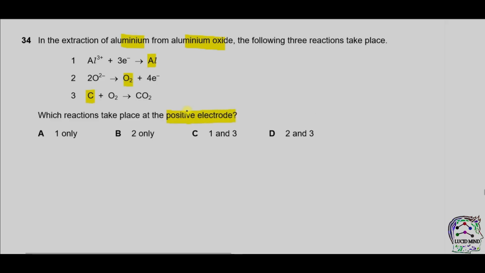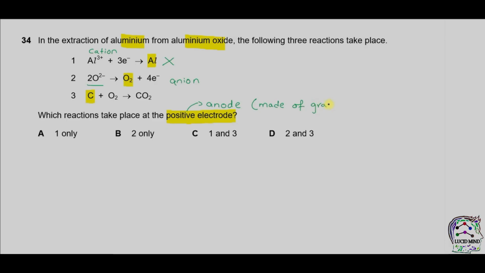Now we know that the positive electrode is the anode and anions always move towards the anode. Aluminum 3 plus is a cation as it is positively charged, so therefore this will move towards the cathode, not the anode. Oxide ion, O 2 negative, is an anion, so it will move towards the anode to form oxygen. Third is graphite, as we know that the anode is made of graphite.